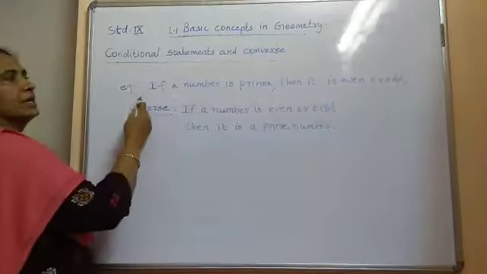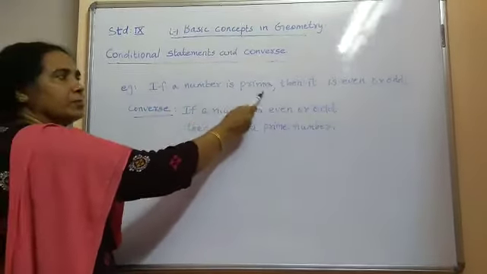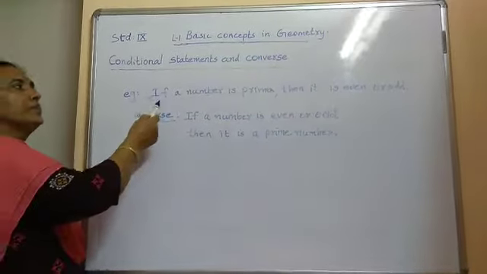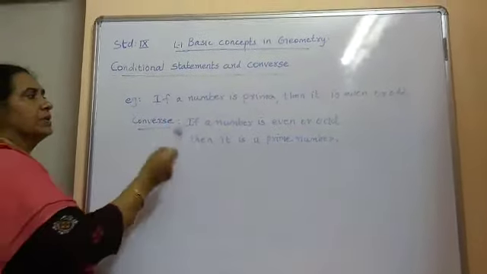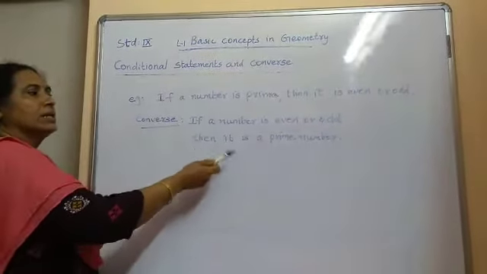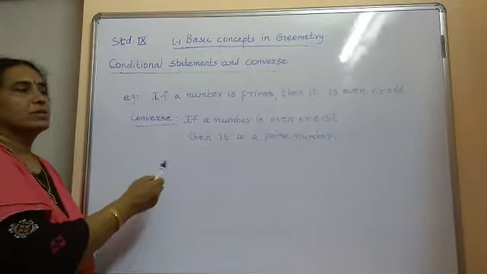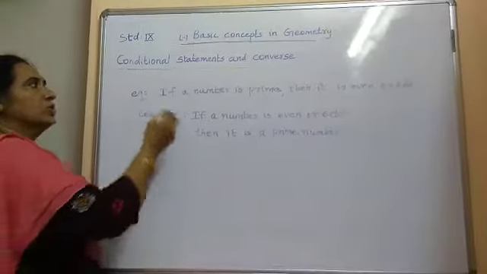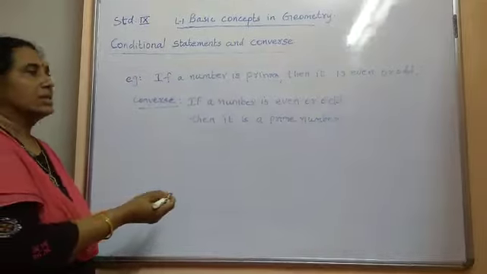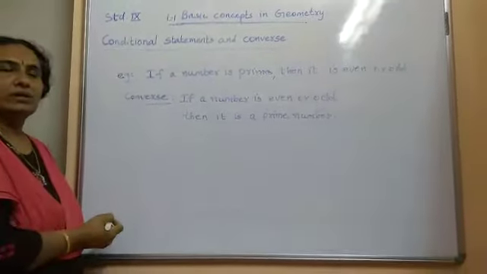So here the given statement is, if a number is prime, then it is even or odd, and we know that the statement is true. But its converse, if a number is even or odd, then it is a prime number, is not always true. So if a conditional statement is true, it is not necessary that its converse is always true.